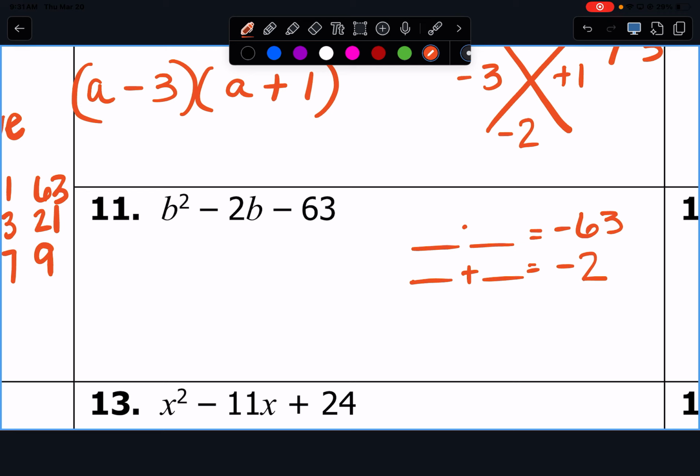I was thinking of 9, not 6. My bad. So what combination of those do I need to use? I do have to use 9 and 7. Which combination? You have to put negative 9, positive 7. So how would I write my answer?